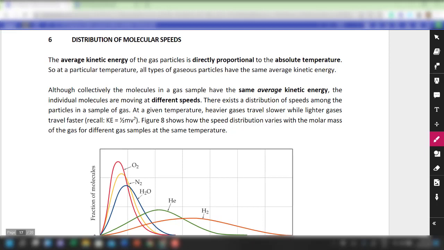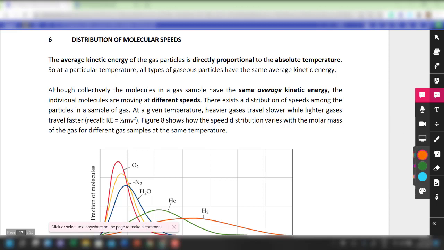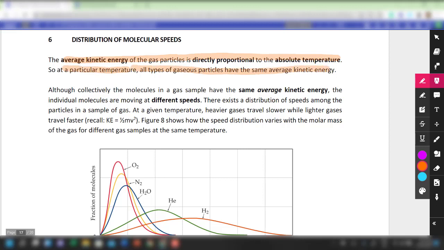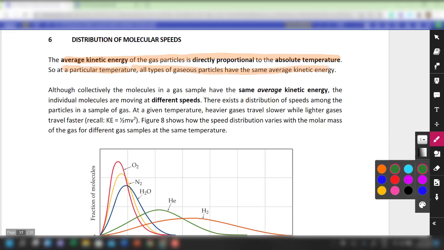You might want to take note that the average kinetic energy of the gas particles is directly proportional to the absolute temperature. So for a particular temperature, all types of gaseous particles have the same average kinetic energy.